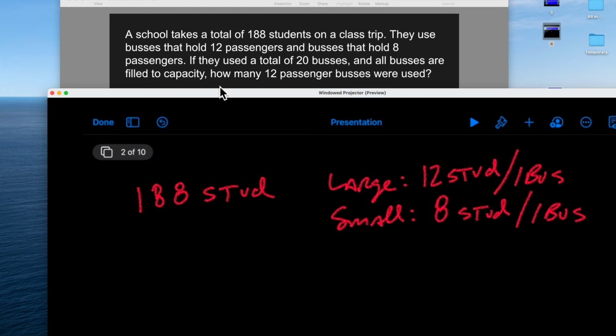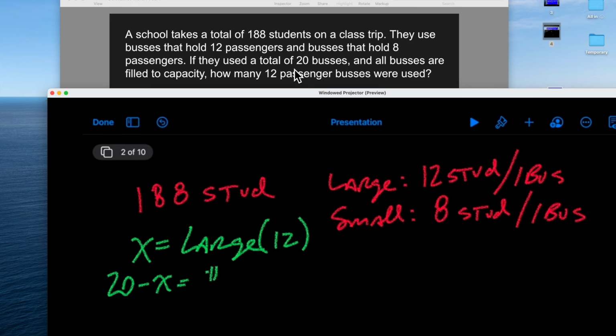Very important: how many 12-passenger buses were used? So we're going to let x equal the number of large buses, which holds 12. Therefore, by definition, if there's a total of 20 buses, 20 minus x has to equal the number of small.